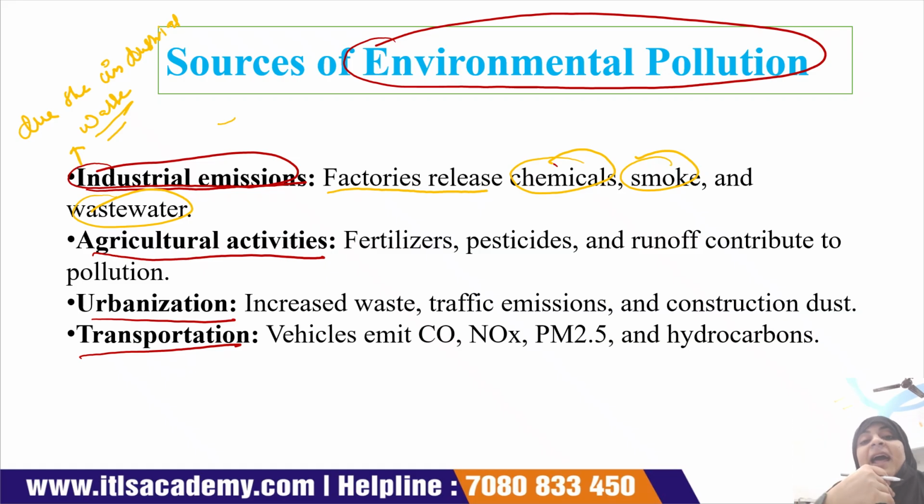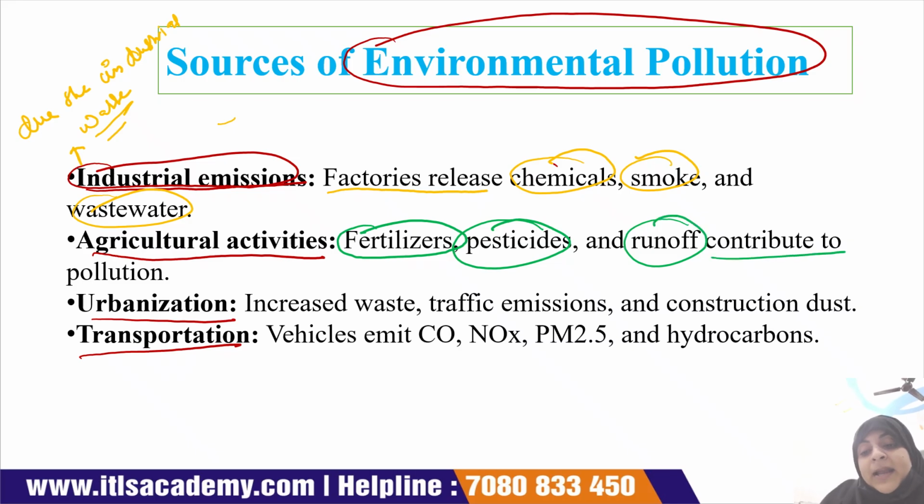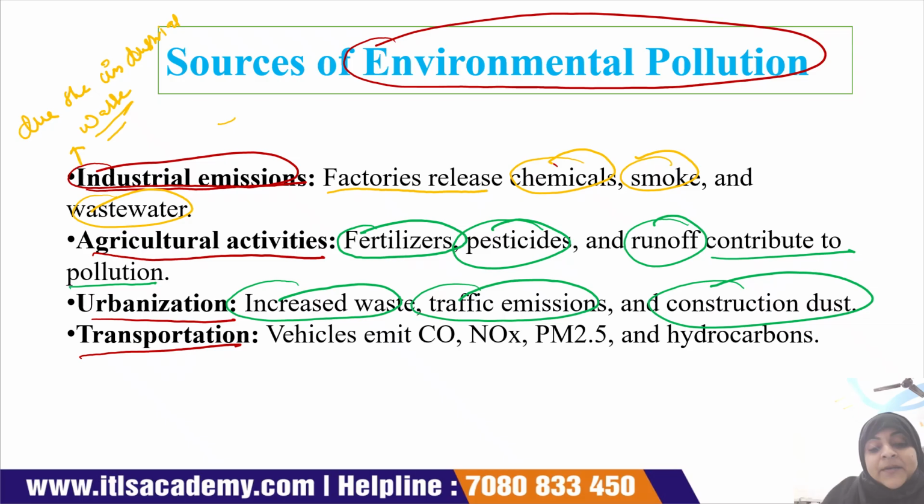There are different agriculture activities done on agricultural land, and they are responsible for soil pollution, air pollution, and even water pollution, like the use of fertilizers, pesticides, and runoff. Urbanization increases waste, traffic emission, and construction dust.